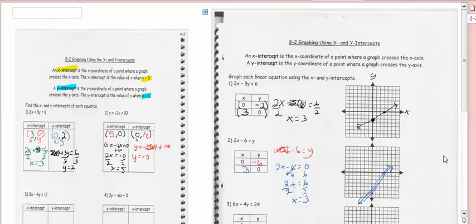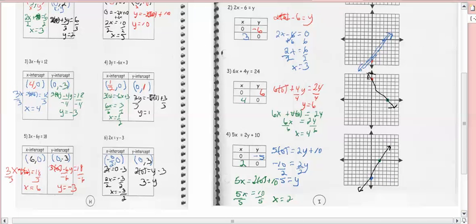So I want you to go ahead and stop the video, try it, and then come back and check your work. Okay, so here are my answers for number 3. There's my x-intercept, here's my y-intercept: 4, 0, and 0, negative 3.